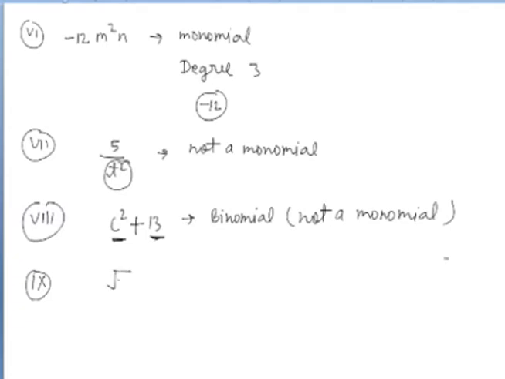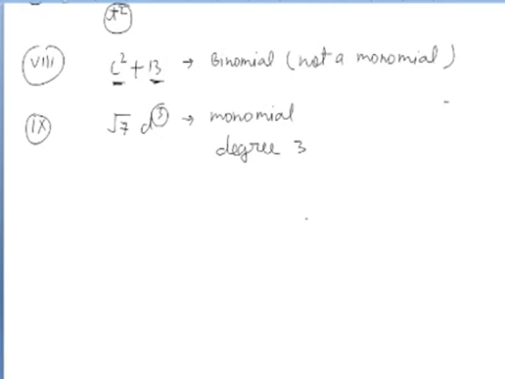Root 7 d cube. So this is a monomial, and the degree is 3. Okay, and the last one is question number 10: minus 2 by 3 x square y to the power 5.